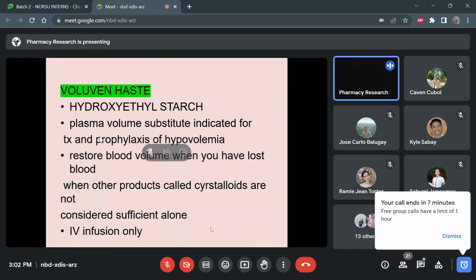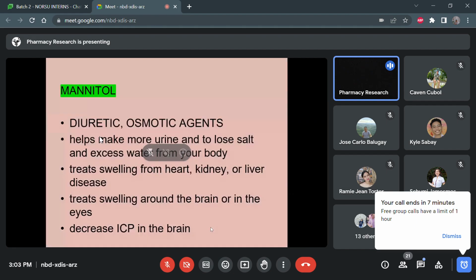Voluven Haes is for infusion only. Next is mannitol, used to treat cerebral edema, like in accidents where a blow to the head causes swelling. It treats swelling from heart, kidney or liver disease, and swelling around the brain or in the eyes.